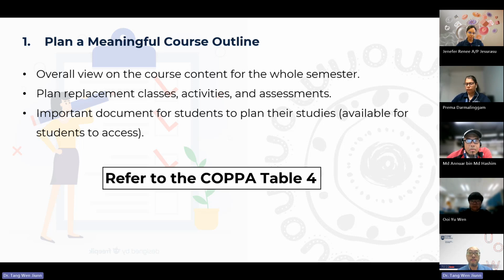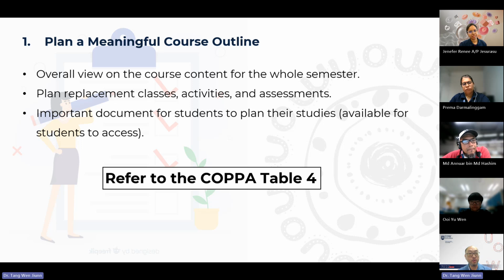I believe your schools practice the same thing, where we have to upload the course outline onto either Kamu or Teams for the students to access. So if you've not yet done that, make sure you have the course outline available for the students to view. It's not a top secret document.